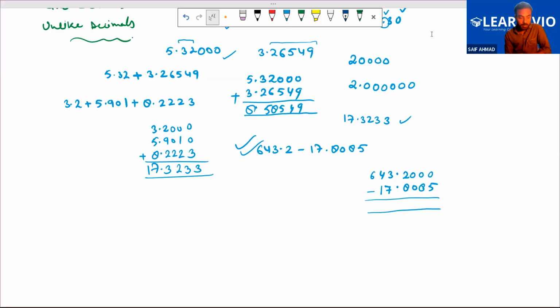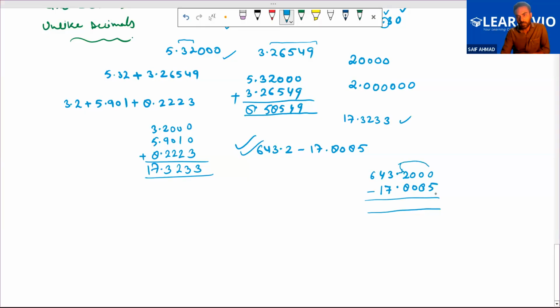What is the answer? I got the answer as 625.4815. It is 3915, not 4 and 1. I have to take a carry from here.